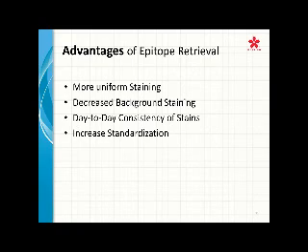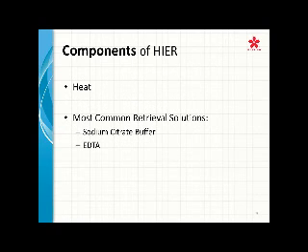We're going to start with the components of heat-induced epitope retrieval, which uses heat to open the epitope along with the retrieval solution. The major factors that govern the effectiveness of retrieval with heat are the pH of the retrieval solution, the volume of the fluid, and the heating time and temperature. It's really not known why and how the heating method works, but you'll see mostly heat-induced epitope retrieval being used in the clinical laboratory.